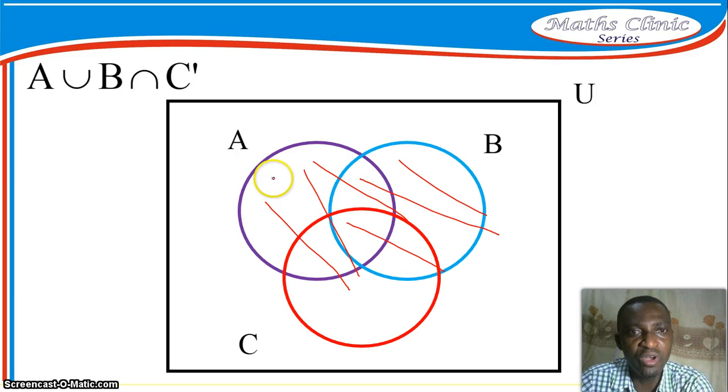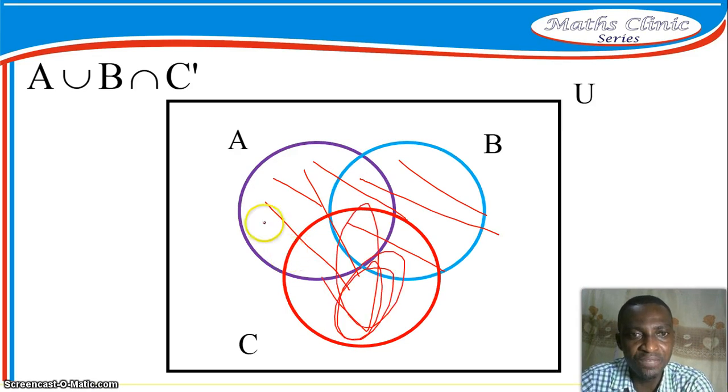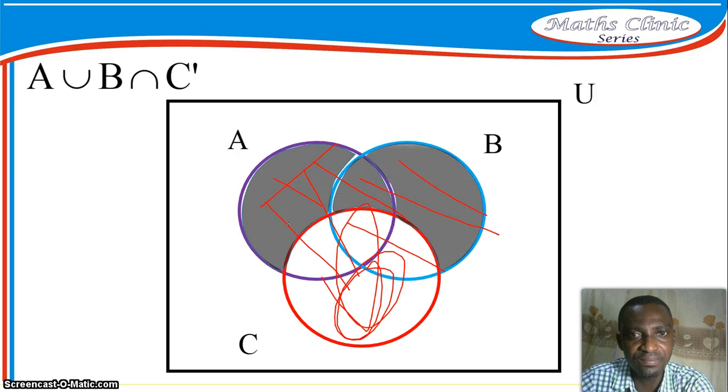So all in A and all in B, that intersects C complement. That means that brings outside C. So those that have already been shaded in C will be taken out, leaving those that are going to be double shaded, and that will represent this part, and that part.